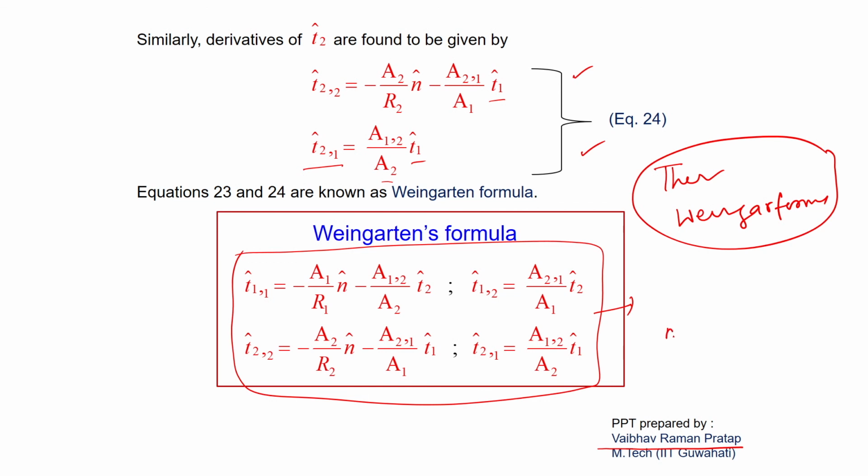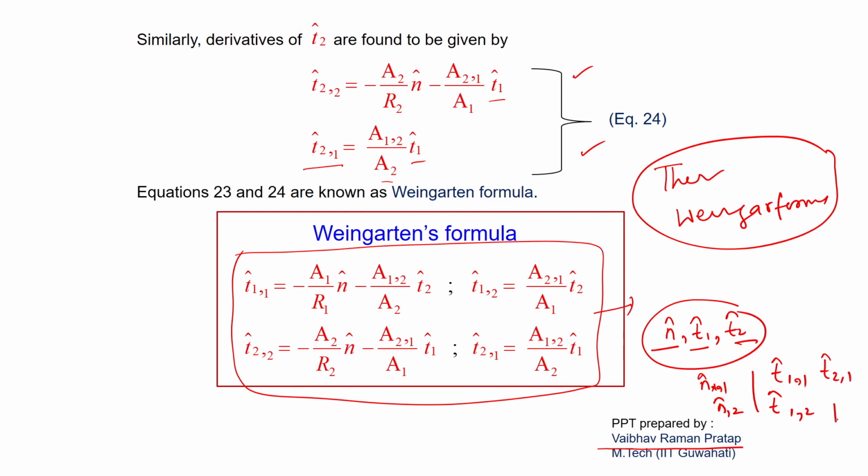So, once you know that these three vectors, n hat, T1 and T2, and using their relations we can find out the derivatives n comma 1, n comma 2, and the same for T1 comma 1, T1 comma 2, T2 comma 1, T2 comma 2.